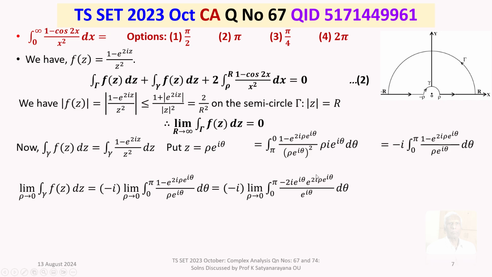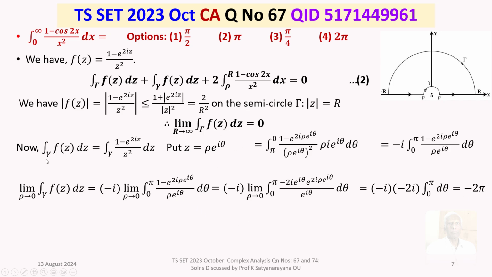Rho has gone. Limit rho tends to 0: this minus 2i will come out, and this will be 1, this will be 1. So integral 0 to pi d theta, minus i into minus 2i, integral 0 to pi d theta. And integral d theta is theta from 0 to pi, which is pi. This is minus 2 pi.